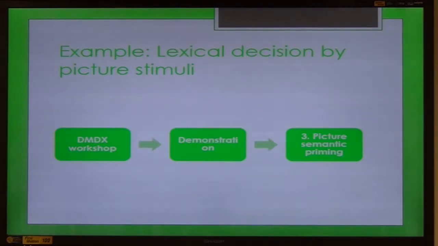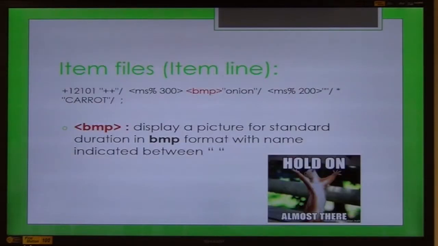Yeah, I just want to let you know how you can present a picture stimulus. Basically, you just need to write this function before the file name. For example, you want to present a BMP file which is named onion. Then you write BMP, this command.